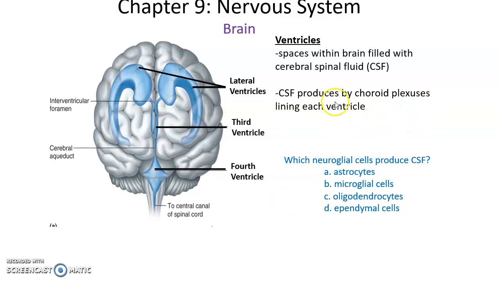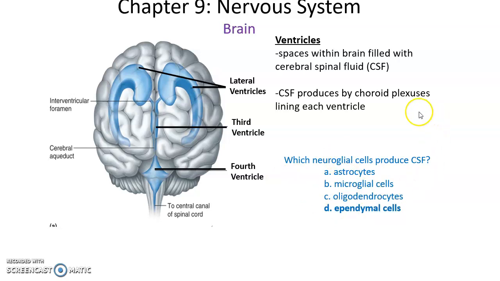Now, the cerebral spinal fluid is produced by structures called choroid plexuses, which are blood capillaries lined with a particular neuroglial cell, and that neuroglial cell is the epidermal cells.